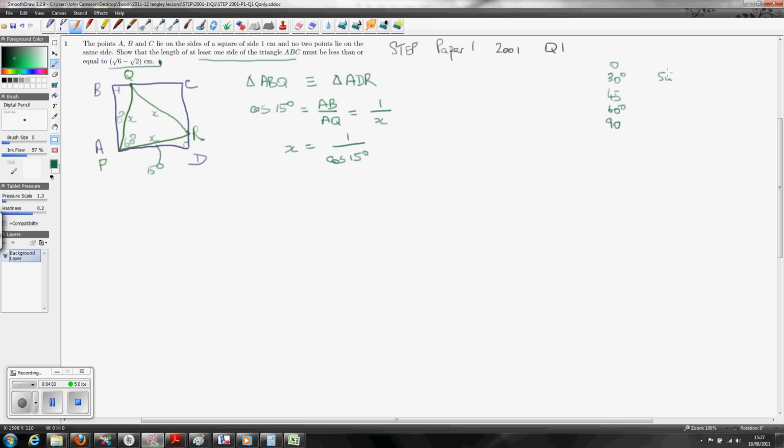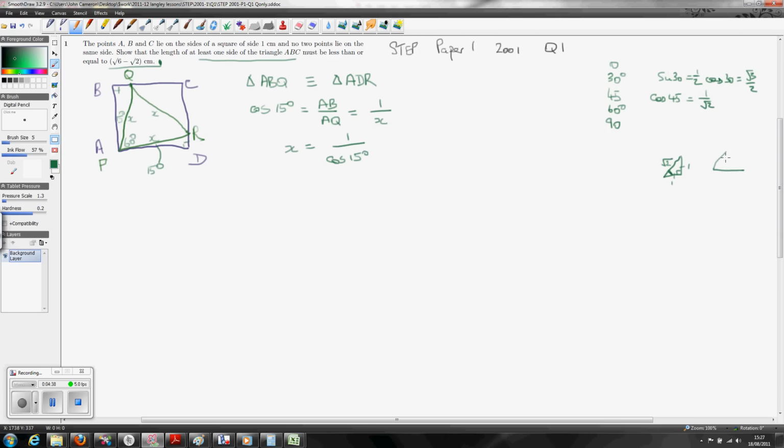We know, for example, that sine of 30 is a half, and cos of 30 is equal to root 3 over 2, and cos of 45, which is the same as sine of 45, is 1 over root 2, and you can prove this by looking at, for the 45 degrees, an isosceles triangle which has also got a right angle, and if you do Pythagoras with the sides 1, 1 and root 2, you'll see that the cosine of that angle, which is 45 degrees, is 1 over root 2.